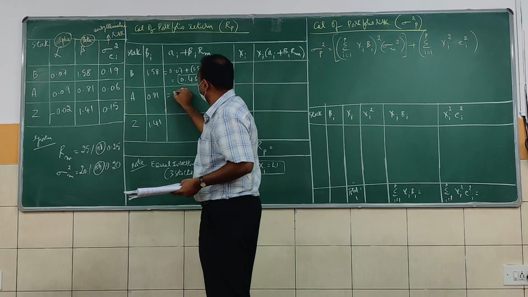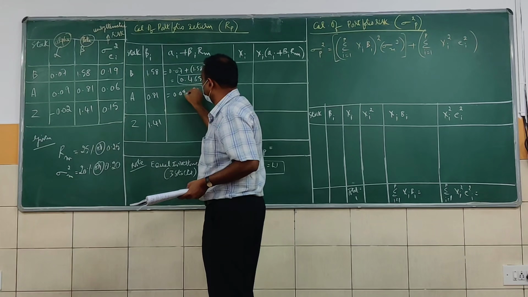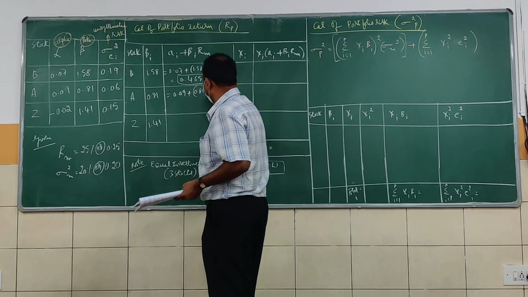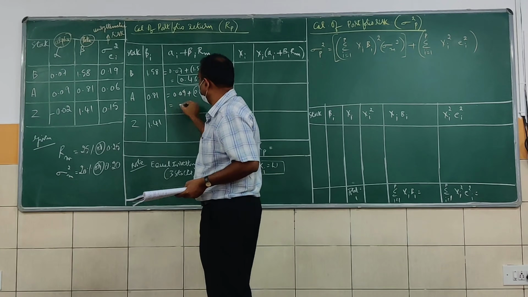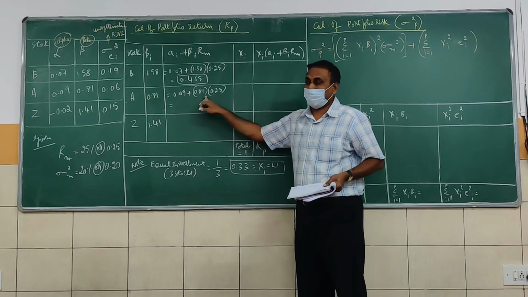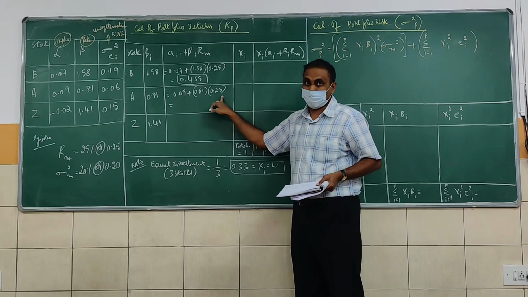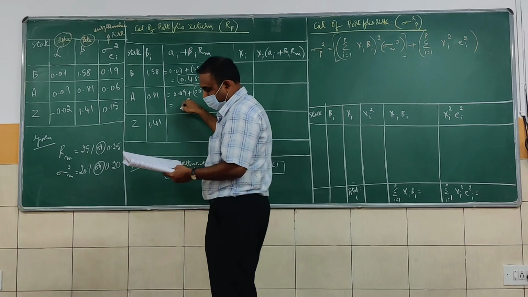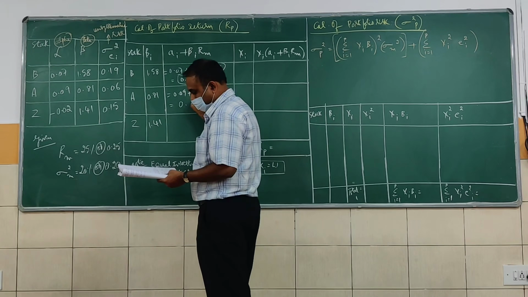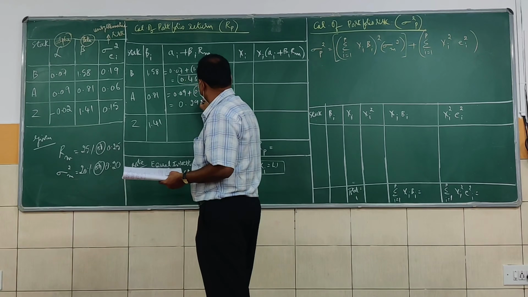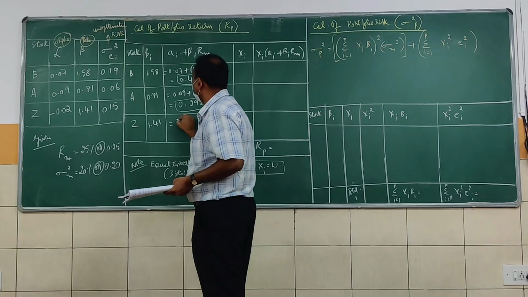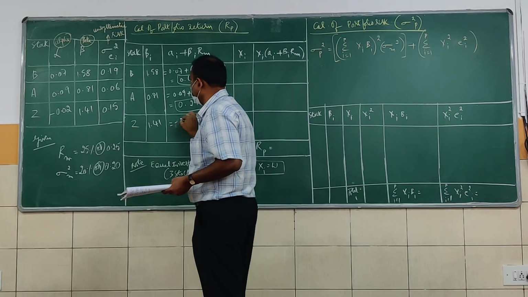0.465. Alpha again 0.09, beta is 0.81, RM remains the same. First multiply 0.81 into 0.25, you get a value. To that you add 0.09. 0.29. Alpha is minus.